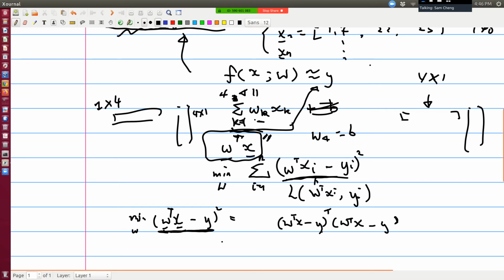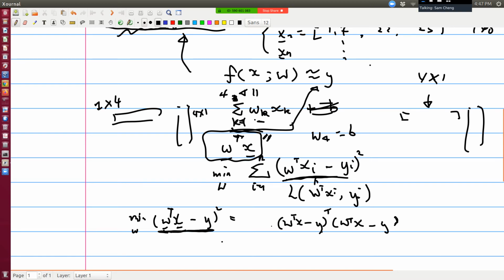Here I put a transpose just for convenience. You can omit the transpose, but it will be the same. If I put it here, it looks a little bit better, as you will see.